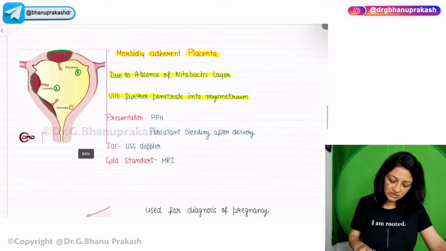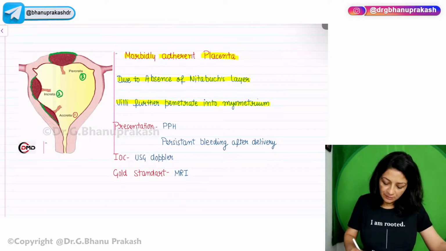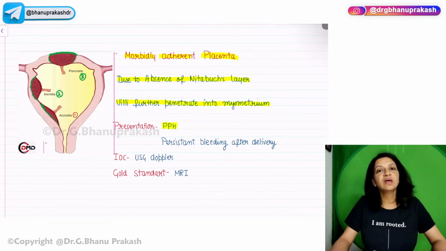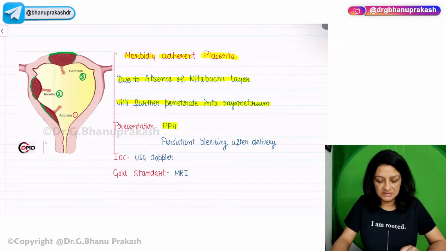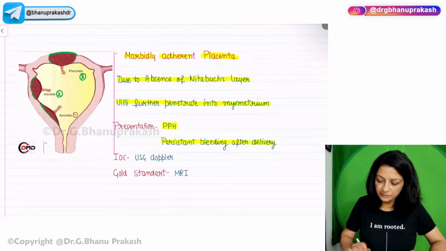So presentation, patient के presentation क्या रहेगा? Postpartum hemorrhage. Baby तो deliver हो गया, but we will not able to remove the placenta. So postpartum hemorrhage and persistent bleeding after delivery.